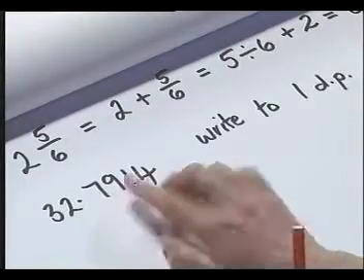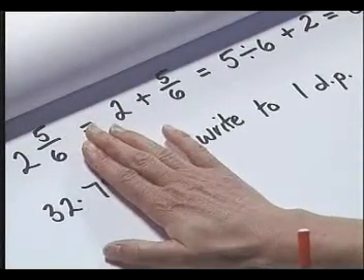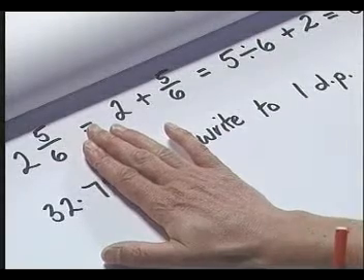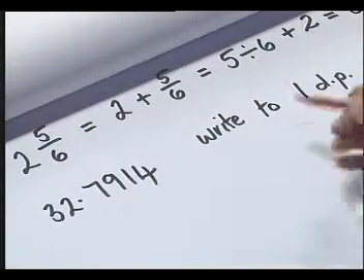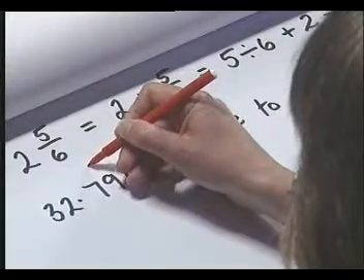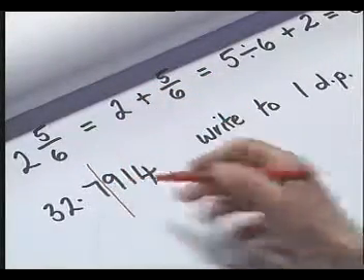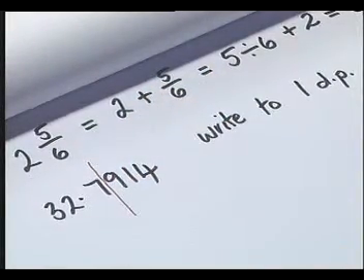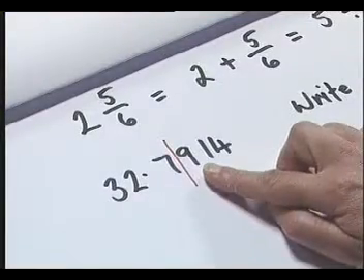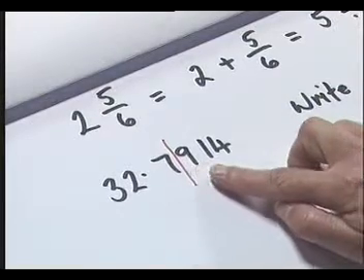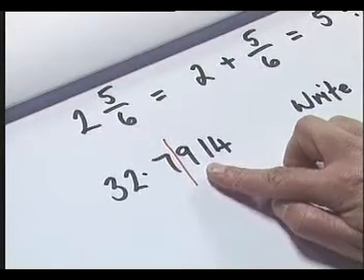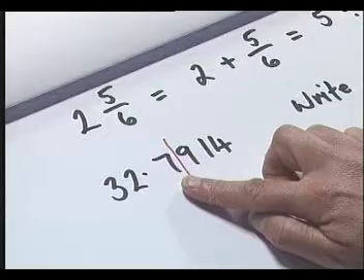So we just want to really chop off the rest of it, but we have to do it with a bit of care. So what I'm going to do is put a line down after the first decimal place. Now, this is where we have to be careful, because depending on what digit comes after the 7, as to whether we need to change it or not.